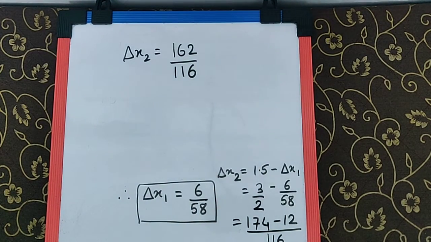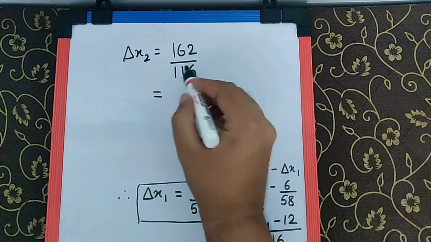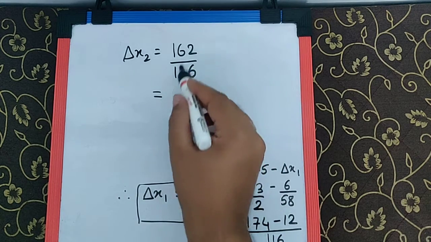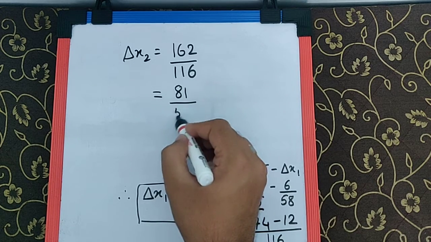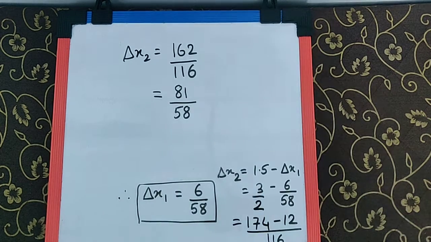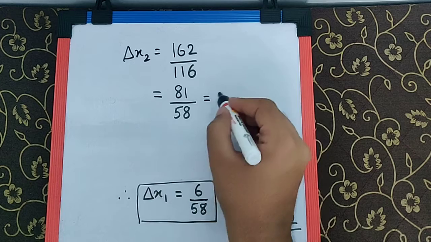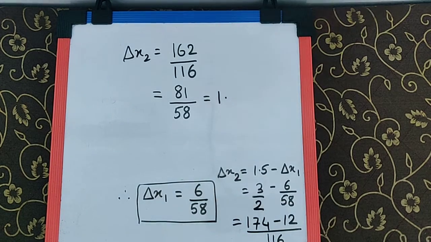Now we need to simplify this to a decimal value because the options are 1.296, 1.196, 1.396 and 1.496. So if I reduce this down, I get 81 upon 58. Now further reduction is required. So I can say 58 into 1 is 58.